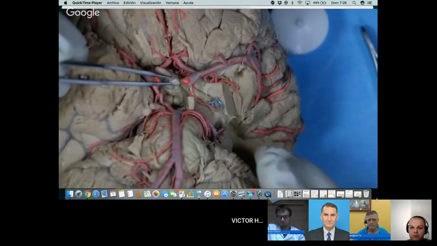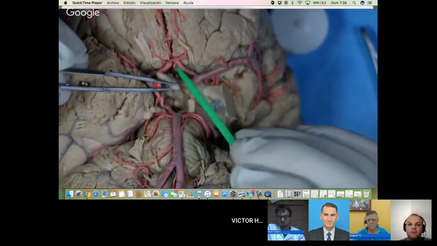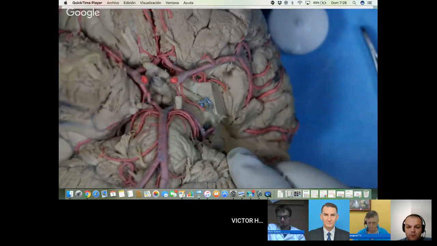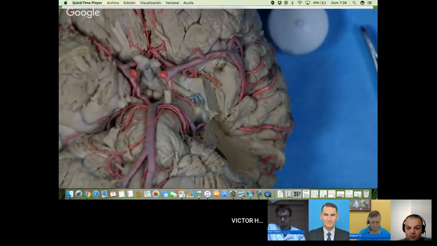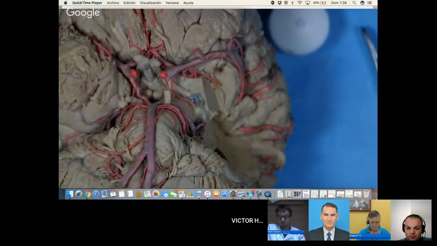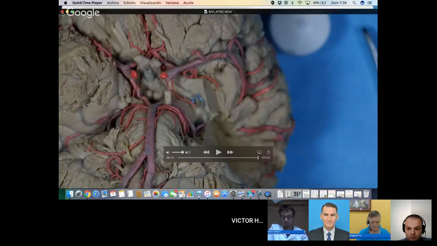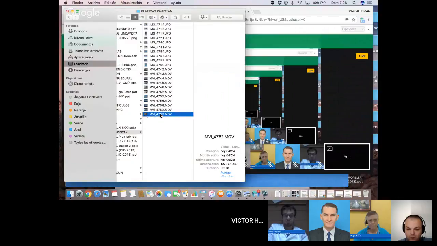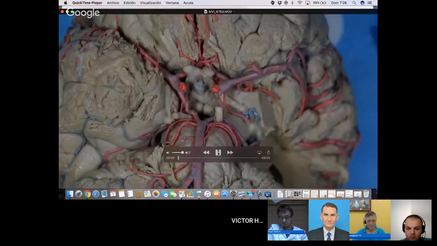But in other conferences, I'm going to show you the recurrent Heubner artery. The silicone or latex is very elastic. This kind of plastic is not elastic, so I had some difficulties to displace these arteries. Let's go to this.